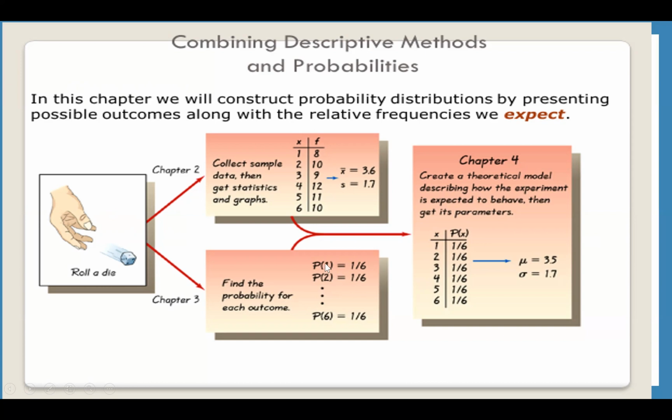We know that the probability of rolling a 1, there's one way out of 6 things and so forth, and we can calculate the probability for each event so that we ultimately get this theoretical model of what should happen when we roll a die.